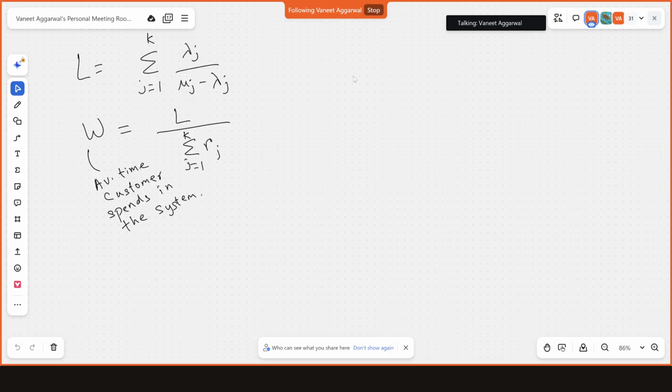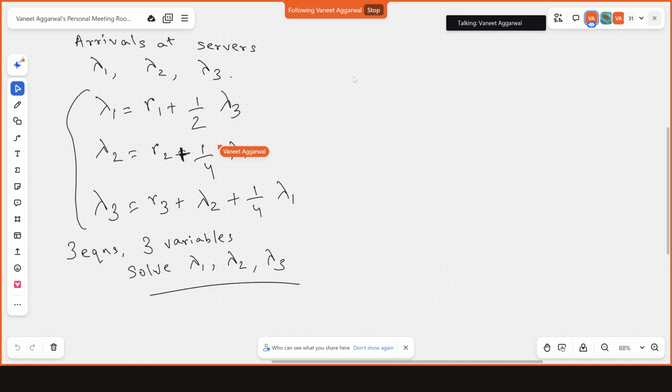So we gave these equations for the lambdas only for an example. We can now write it for a general system.